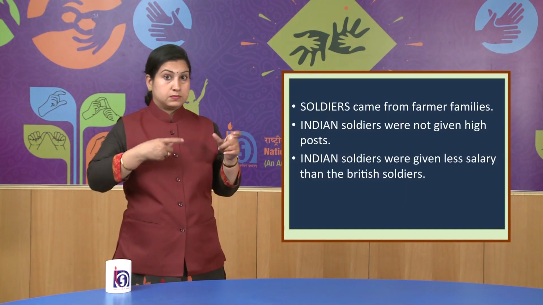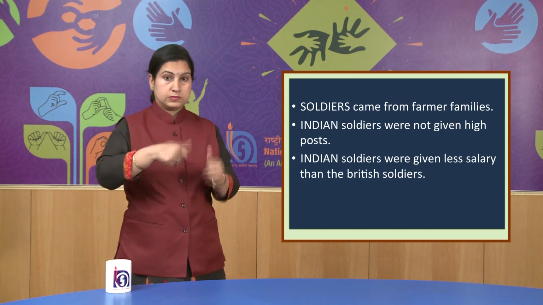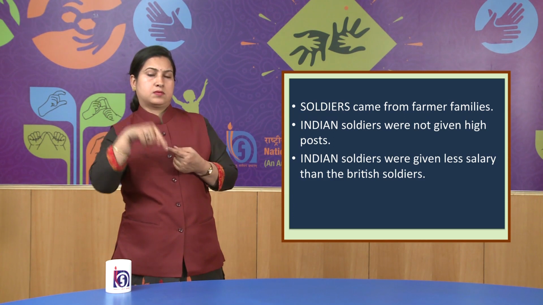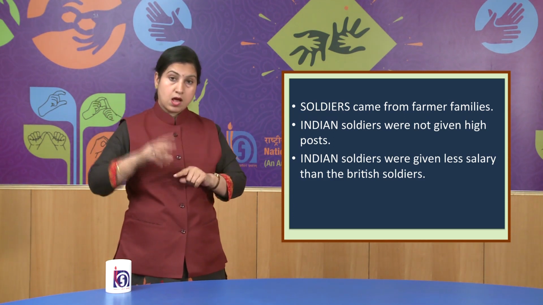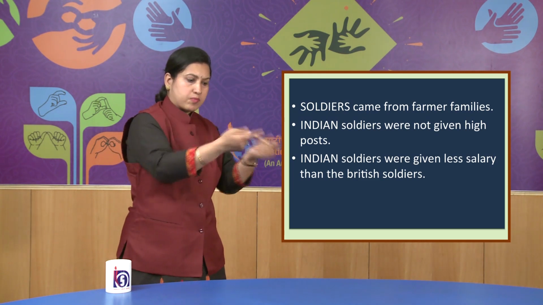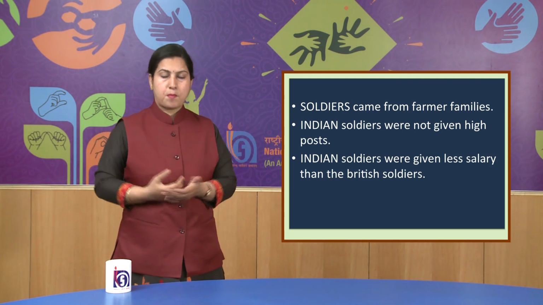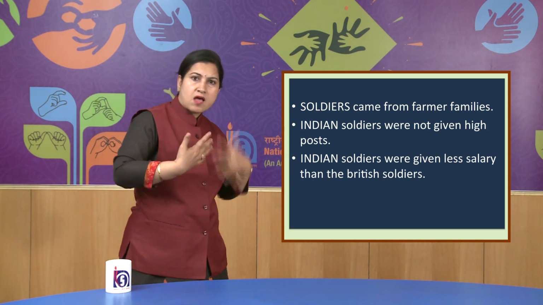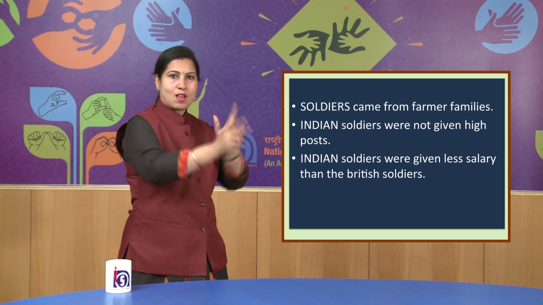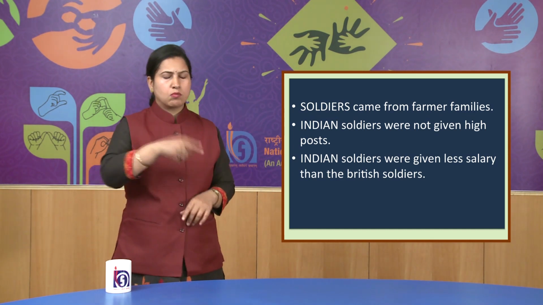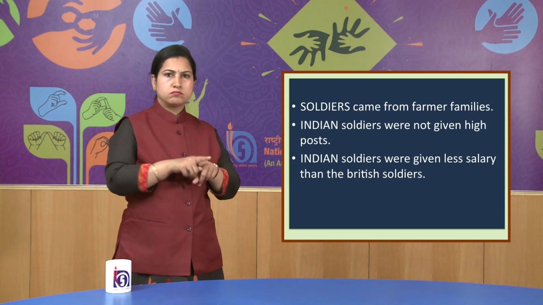The soldiers in the army of EIC, that means East India Company, came from farmer families. As the condition of farmers had become bad due to British policies, the soldiers were naturally angry with the Britishers.